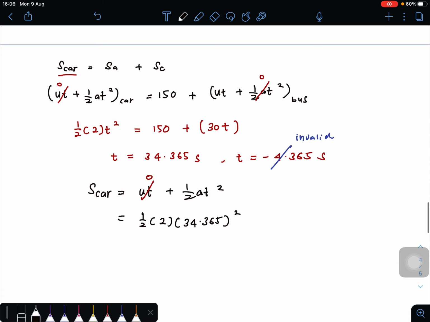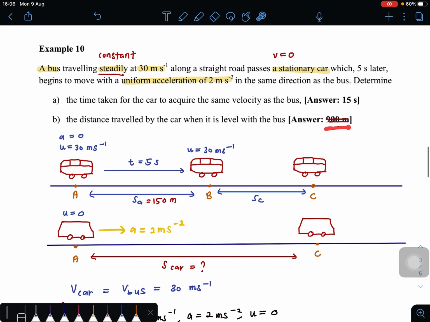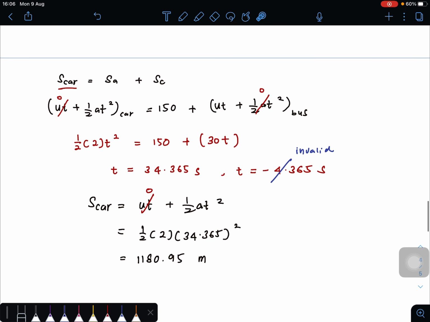Don't forget the square. So you will get 1180.95 meters. So this is the final answer. In your notes, the answer given is 900 meters. So this one is wrong. The correct answer is 1180.95 meters. Okay, so that's all for example 10.